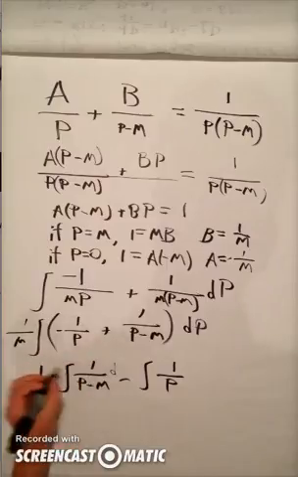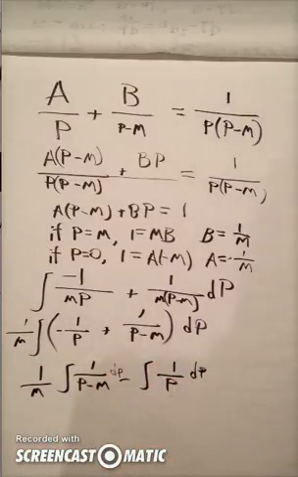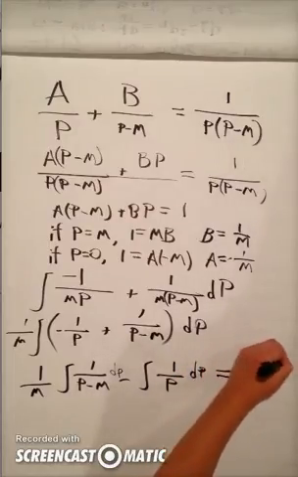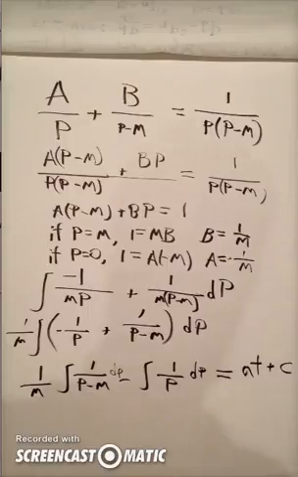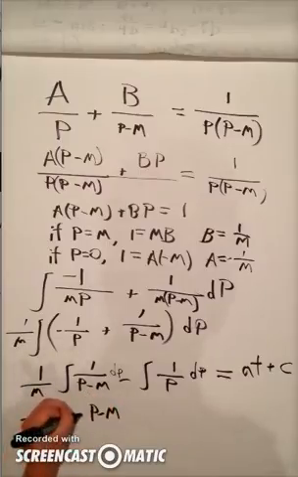Oops, can't forget your dP. Remember, this is all equal to the other side of the equation, so it's constant C. Over here we have pretty simple integrals. Whatever's inside the denominator, put inside the ln.